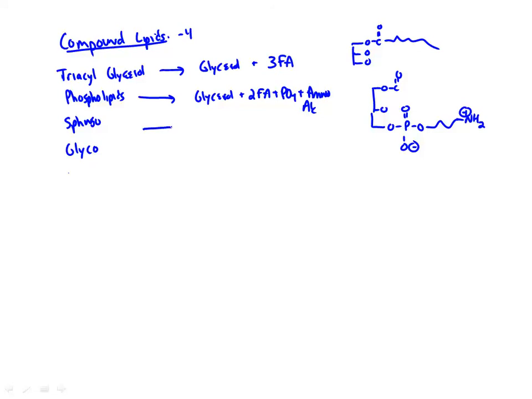And then sphingolipid is even better because it's just sphingosine, right? Plus a fatty acid, plus PO4 and an amino alcohol. And you're given all the parts, so you don't have to try to remember what it looks like. And then a glycolipid is just sphingosine plus a fatty acid, plus a glyco, which means carbohydrate, right?